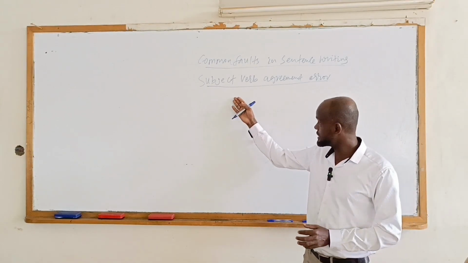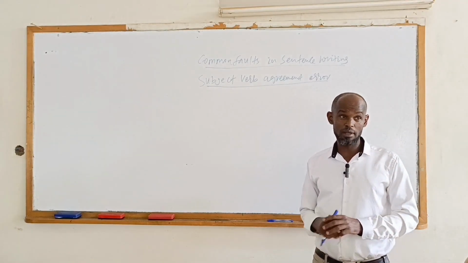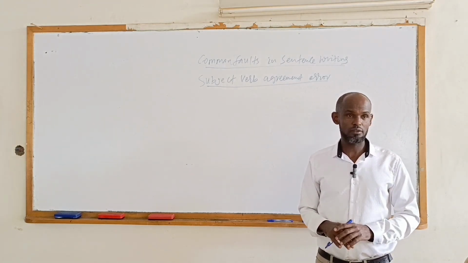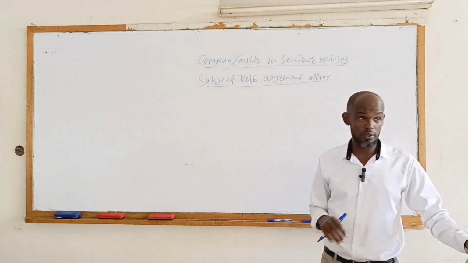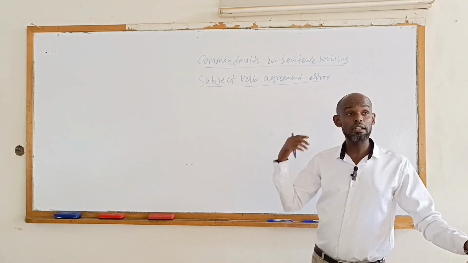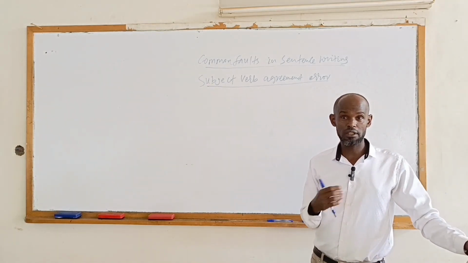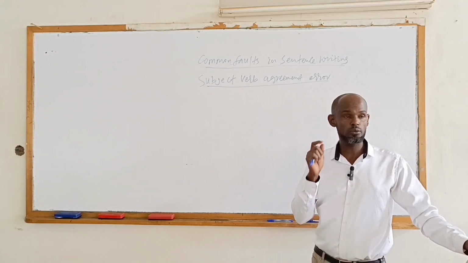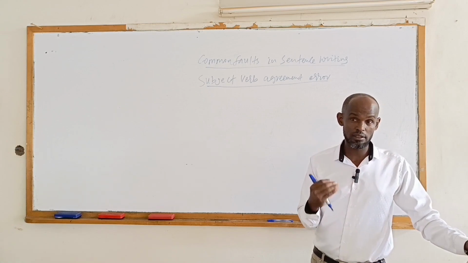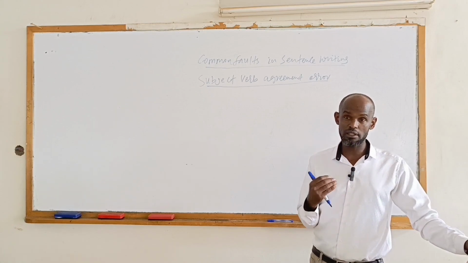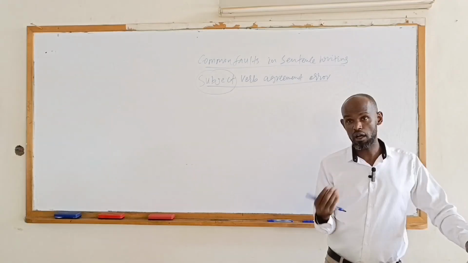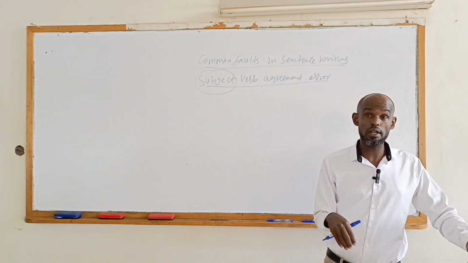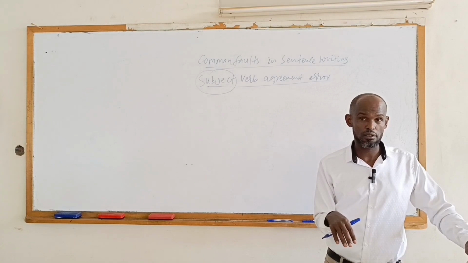But a subject and a verb must exist if we want a sentence which is meaningful and effective. That's why we call them building blocks for sentence construction, the two basic elements in sentence writing. Most of the time, we use nouns and pronouns as the subject in sentence construction.